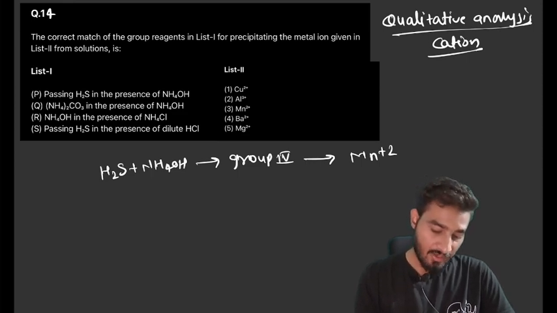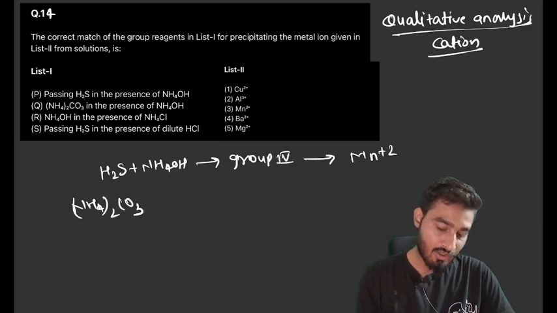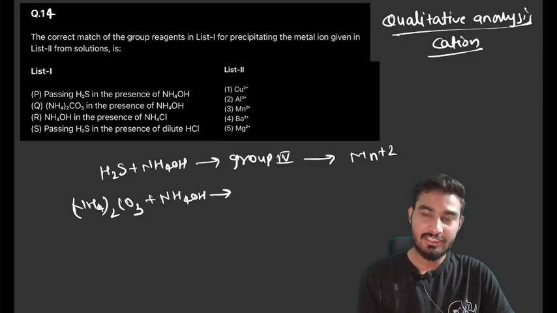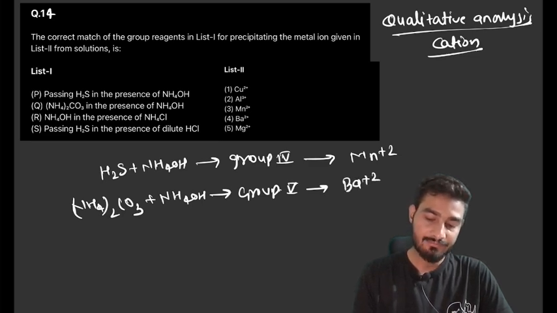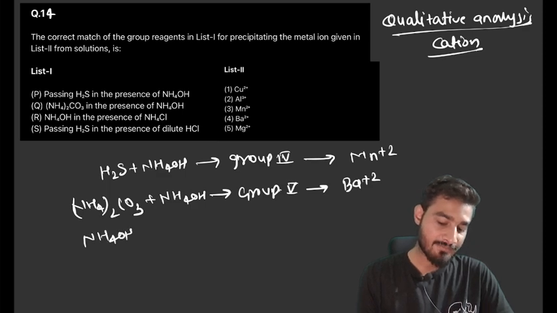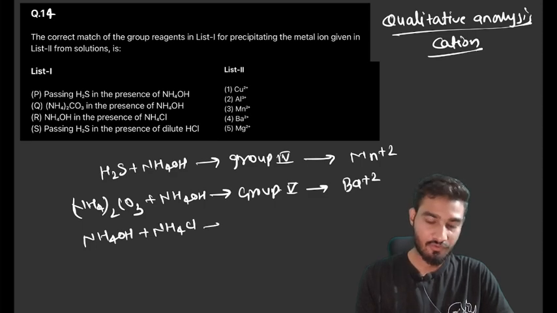Same way, (NH4)2CO3 ammonium carbonate with NH4OH is the group reagent for the fifth group, and for the fifth group the cation given is Ba+2. Same way, NH4OH plus NH4Cl is group third, hydroxide.